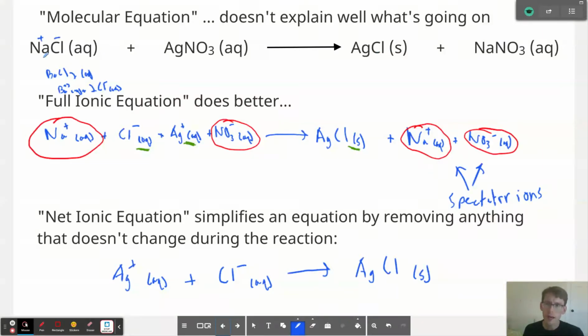If you only had sodium chloride and silver nitrate as your reactants, and I said predict the products, you would have to predict what precipitates. And how would you know silver chloride is the one that precipitates and not sodium nitrate?